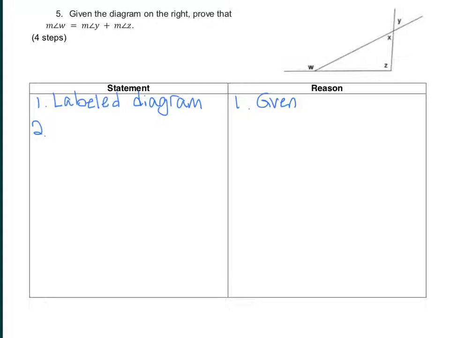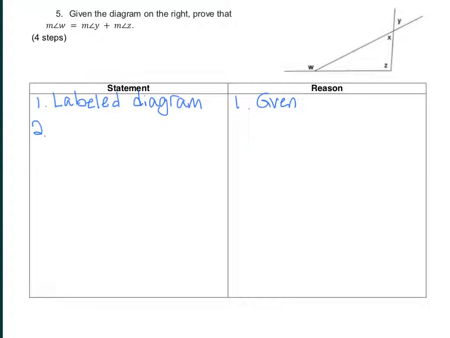You need to recall the exterior angle theorem, which says an exterior angle of a triangle is equal to the sum of the 2 remote or far interior angles. So let's use that and see what happens. If you look ahead and make a plan, you could say W equals X plus Z. W equals X plus Z, but we need Y. Well, X equals Y. So we'll do some substitution.